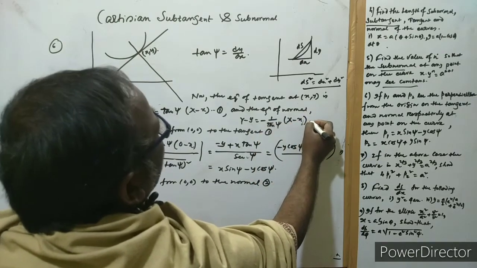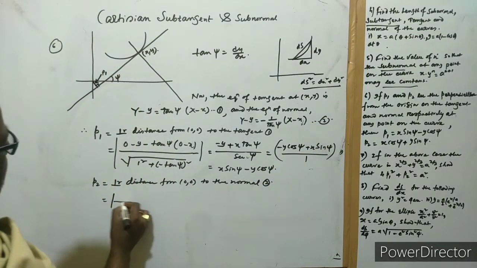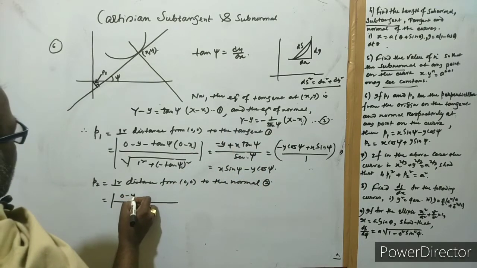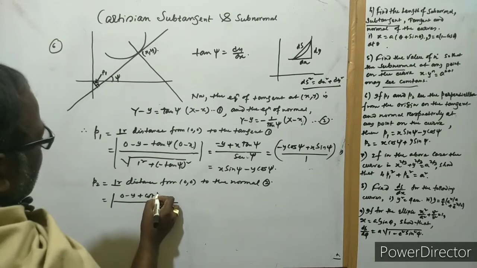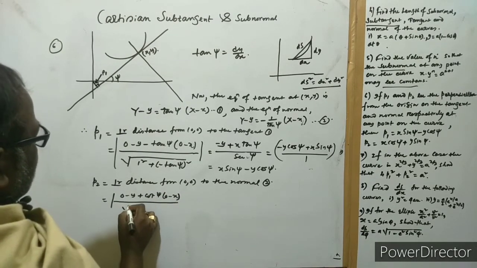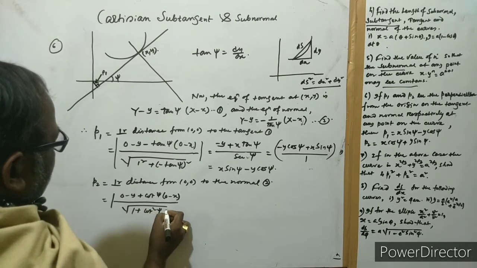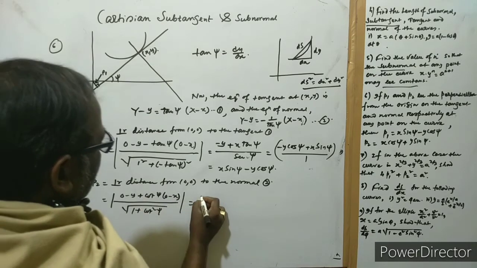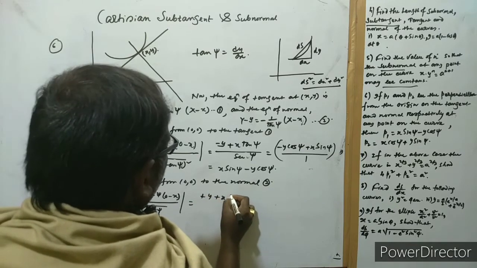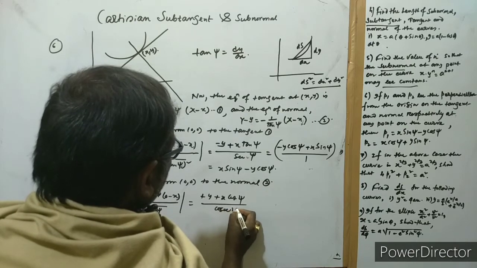This is P2, and that is equal to, we can transfer this as a 0 minus y, and this is plus cos psi into 0 minus x, and that is your 1 plus 1 square plus cos square psi, and this is your minus y minus minus plus x cos psi by cosec psi.